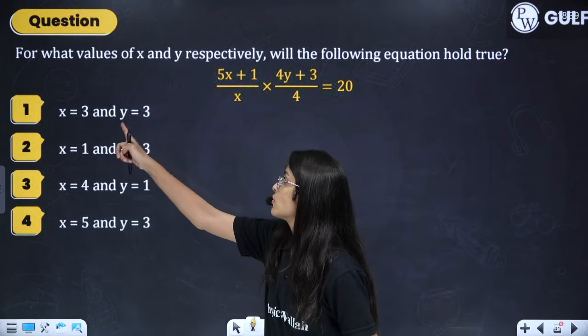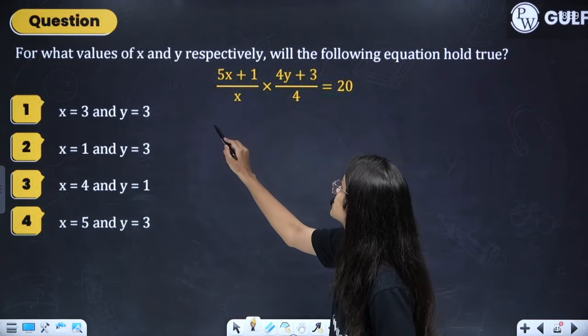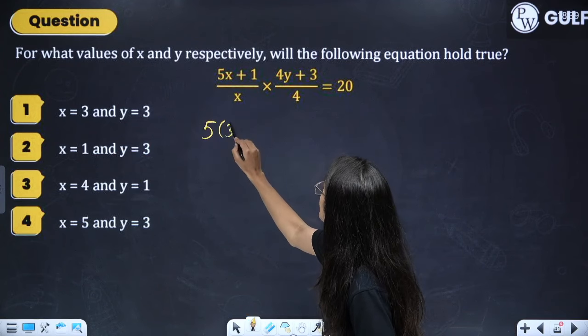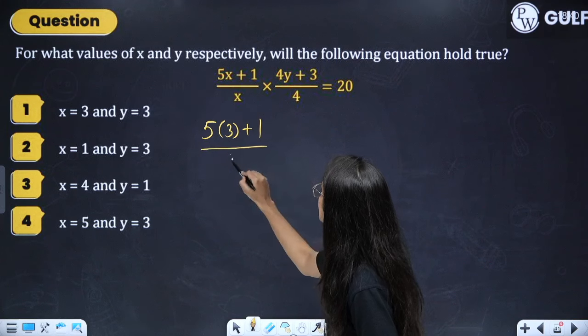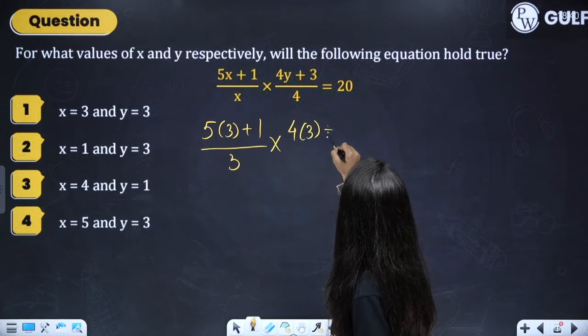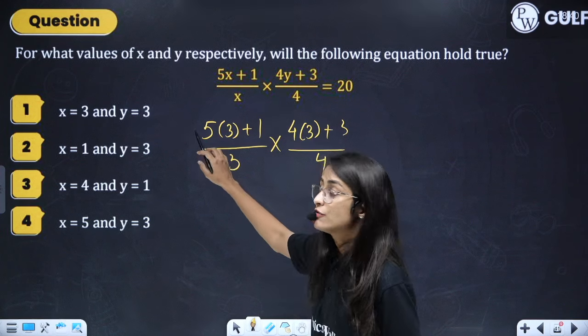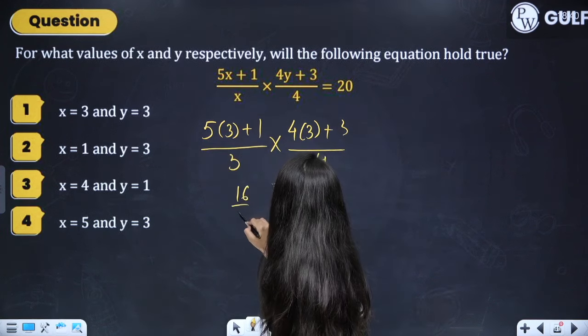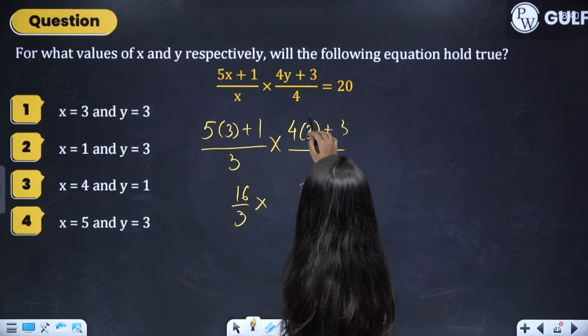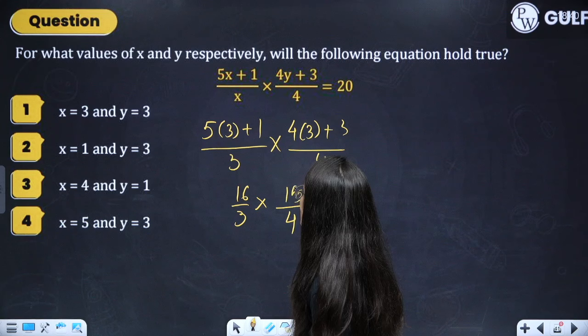So going by the very first option, which is x equals 3 and y equals 3, let's substitute that. (5 into 3 plus 1) by 3 multiplied by (4 into 3 plus 3) upon 4. 5 3s are 15 plus 1 is 16 by 3, multiplied by 4 3s are 12 plus 3 is 15 by 4, right?